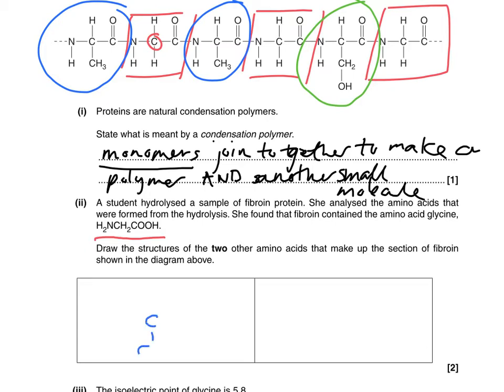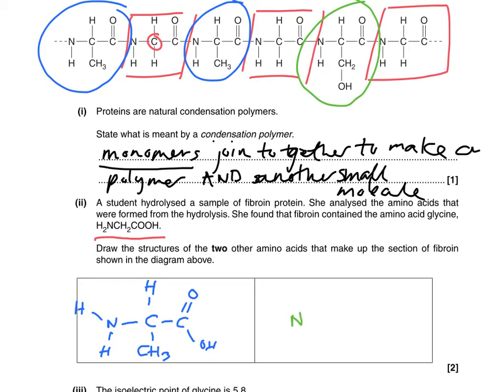The amino acid, so first off I'm just going to copy the part that is unchanged. And when this is hydrolysed, the C double bond O becomes an acid and the NH becomes an amino group, as in amino acid.